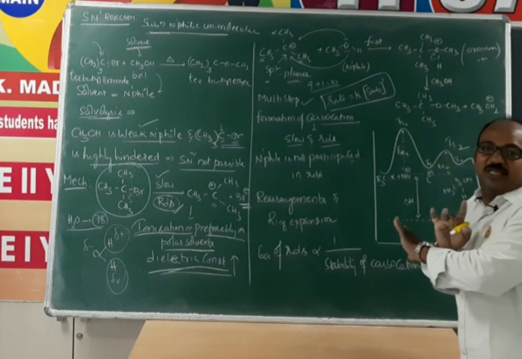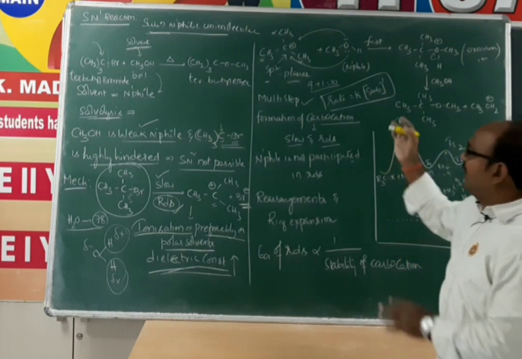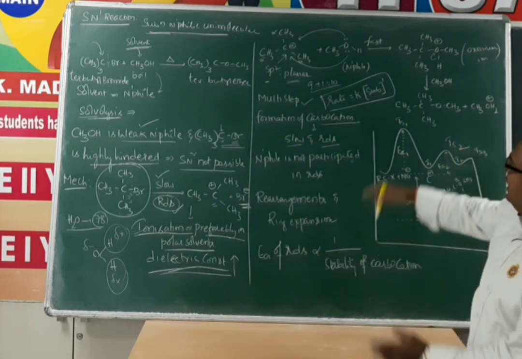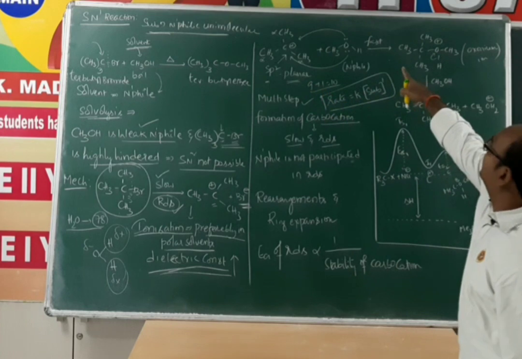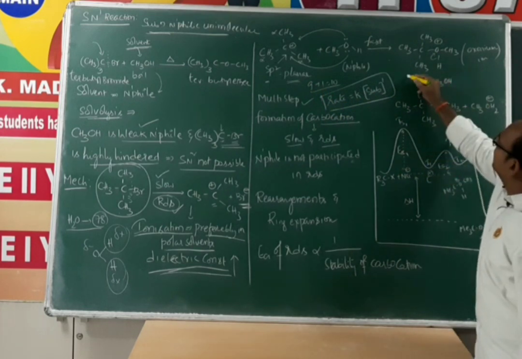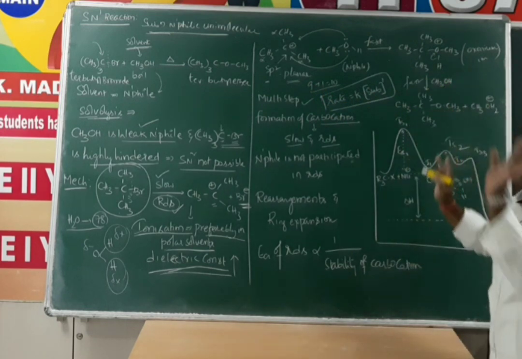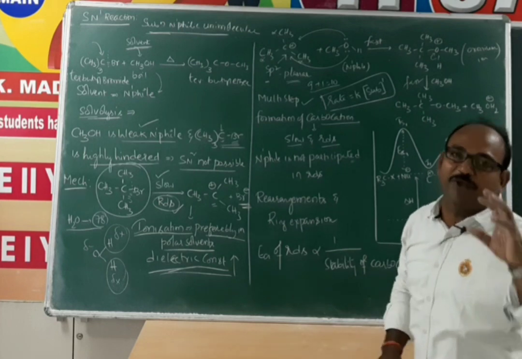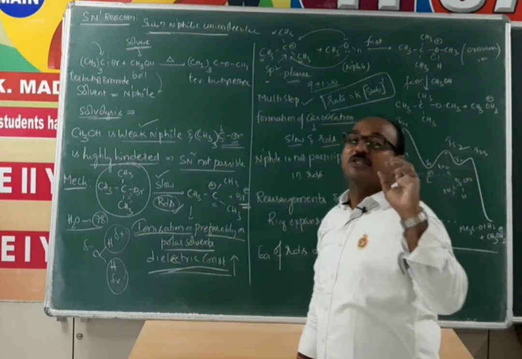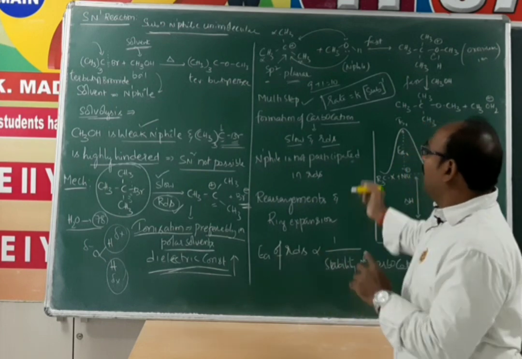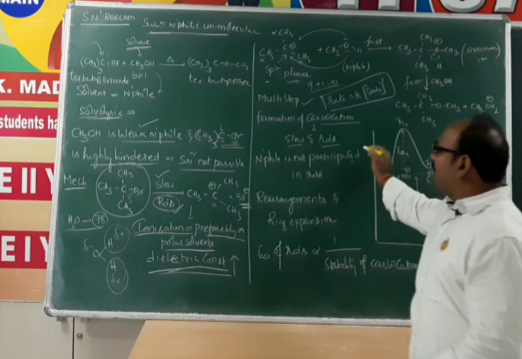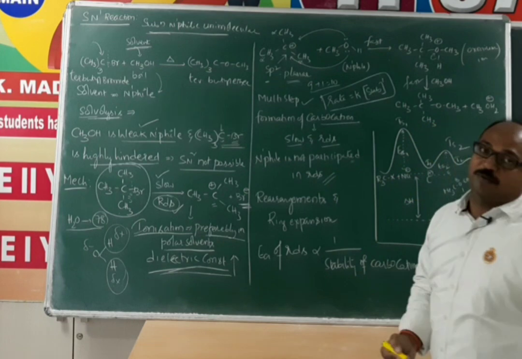Here the nucleophile is not going to take part in the rate determining step. Of course it is involved in the mechanism, but where the nucleophile is involved, that is a later step, and deprotonation is also a later step. Those steps are not necessary here, because the rate of reaction always depends upon the slow step but not the fast step. Nucleophile does not participate in the rate determining step.